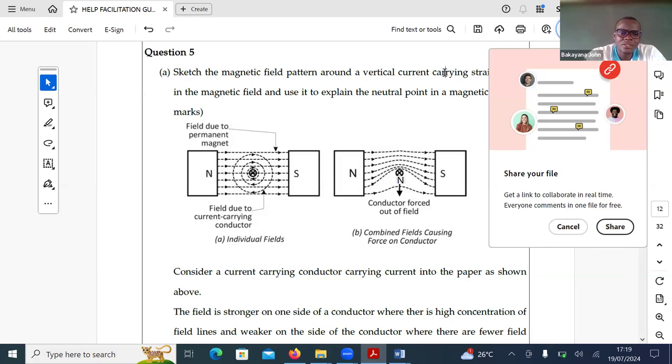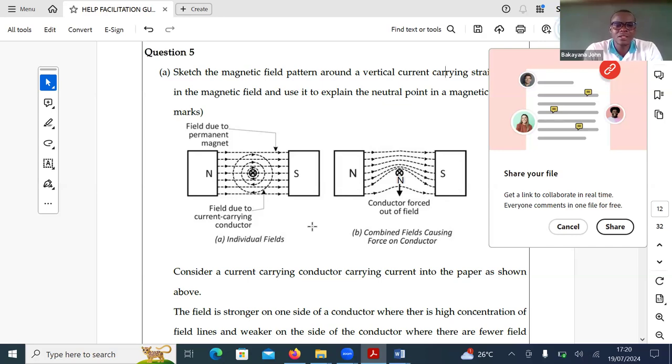Okay, for those friends of ours who do magnetism and have already started on it, you are familiar with Fleming's left-hand rule, not so? Yes. So if we have the field from the north to the south, and then we have a current carrying conductor, the direction of the field around the current carrying conductor can be determined using the grip right-hand rule.